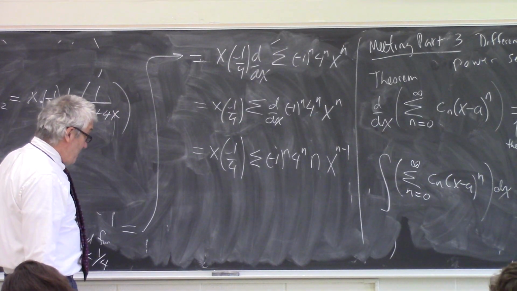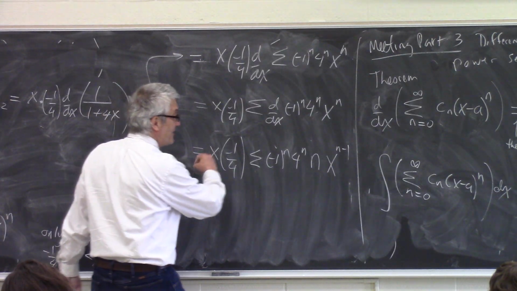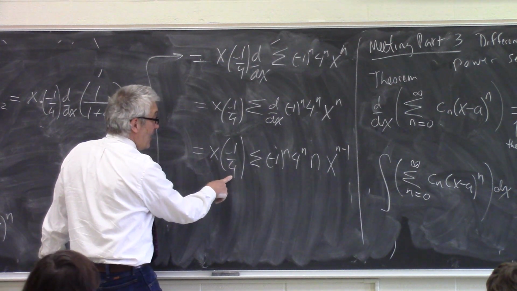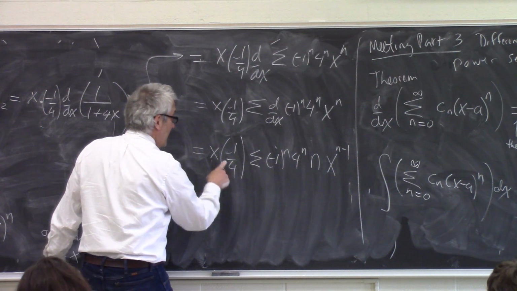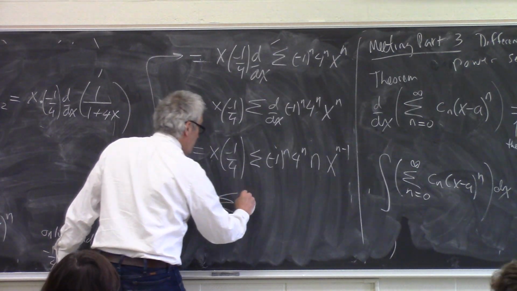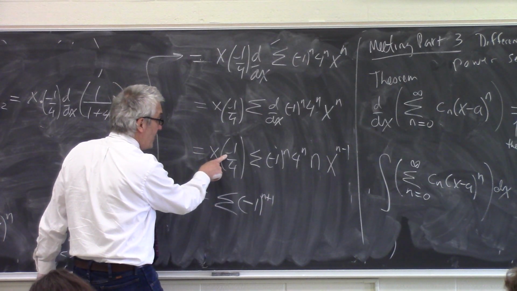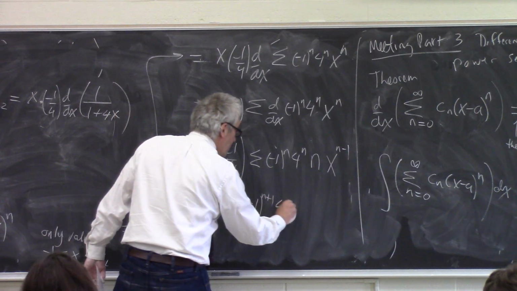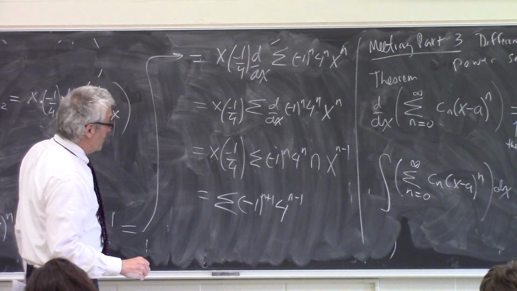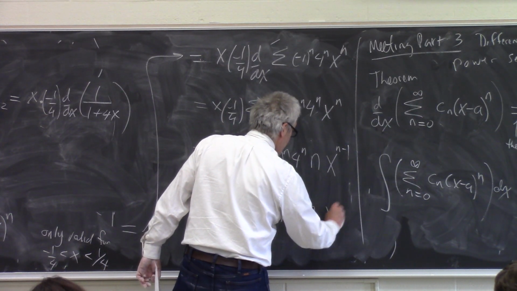So now I want to make this an honest to goodness power function, so I want to bring this x in. That's going to make that x to the n. I want to bring this inside. That's going to affect the 4, and I'm going to bring the minus 1 inside as well. So this is going to be the sum of minus 1 to the n plus 1, because I brought in an extra factor of minus 1, and then 4 to the n minus 1, because I brought in a factor of 4 in the denominator, and then n, and then times x to the n.